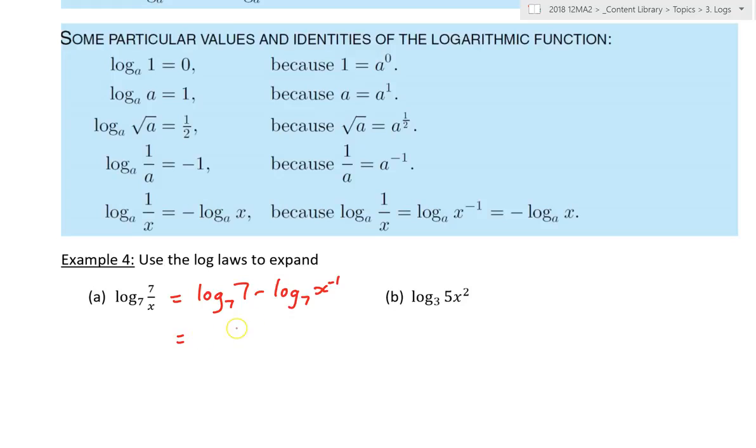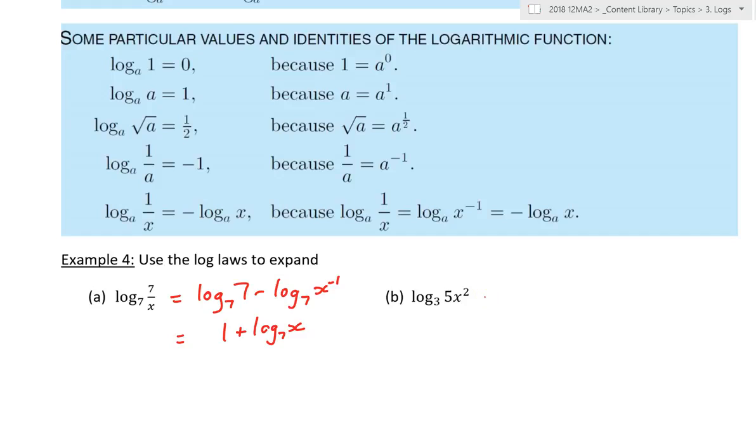Now, log base 7 of 7 is 1. I can pull that negative 1 out the front, and it cancels out the negative. So the log base 7 of 7 over x is 1 plus the log base 7 of x.